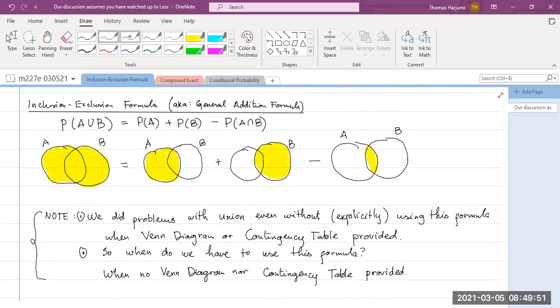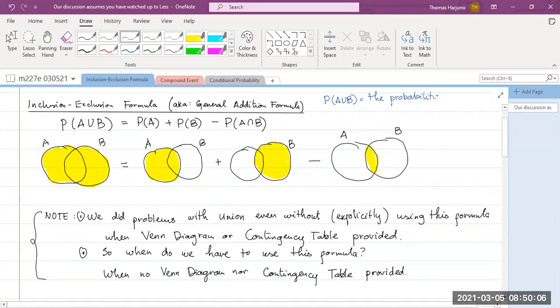This can also be seen as the probability of at least one of A or B to occur.